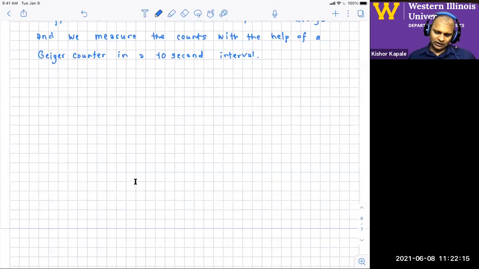So we get a total of n trials, and let's say n_i is the number of times the decay happens.